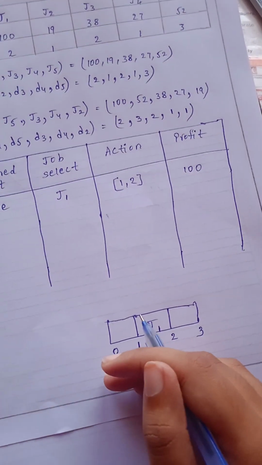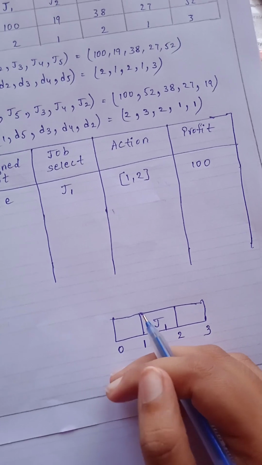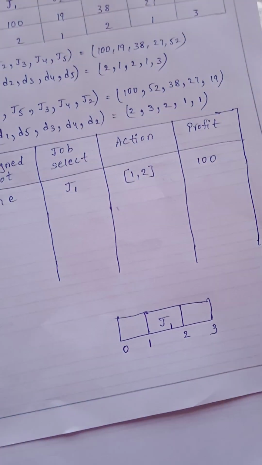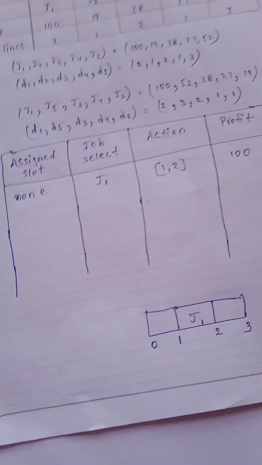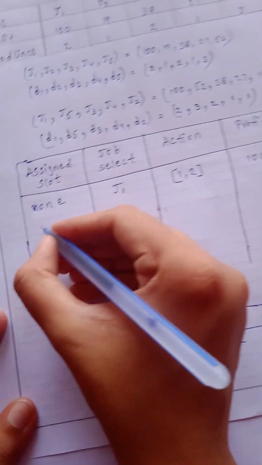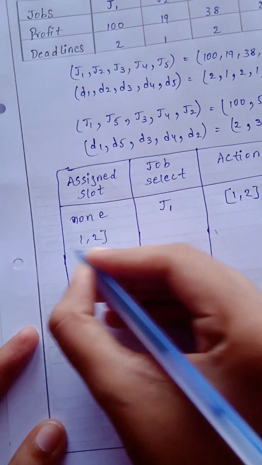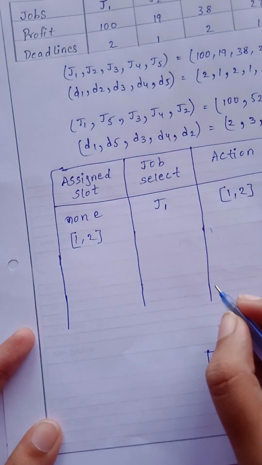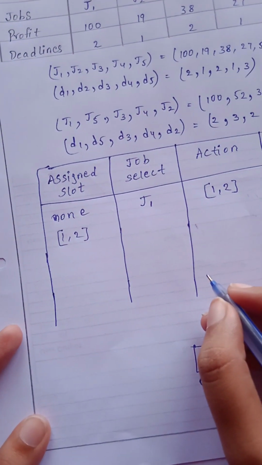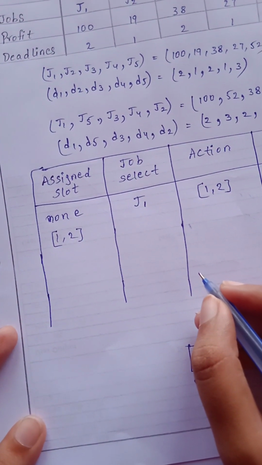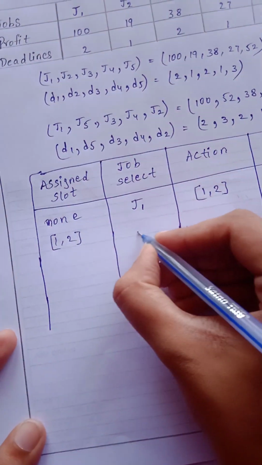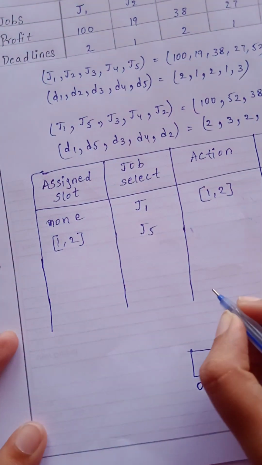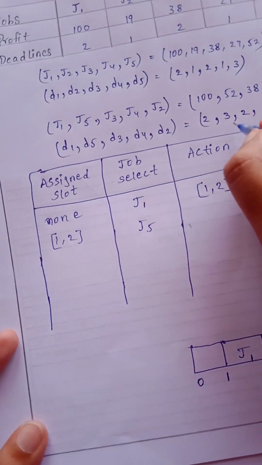Next, the assigned slot is 1 comma 2. The next job is 52, which is the J5 profit, so the job selected is J5. For J5 the deadline is 3.